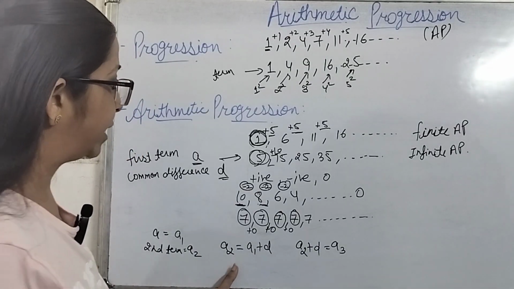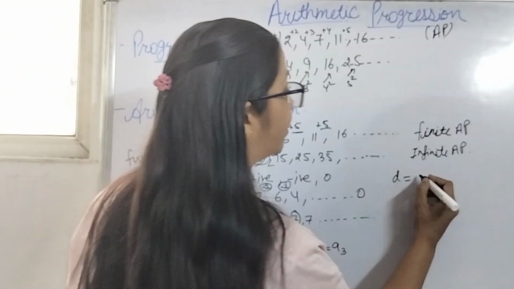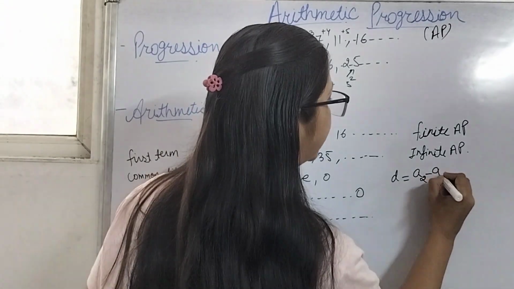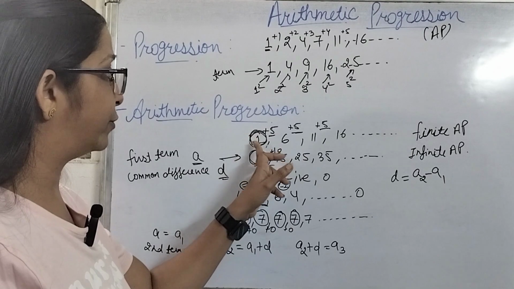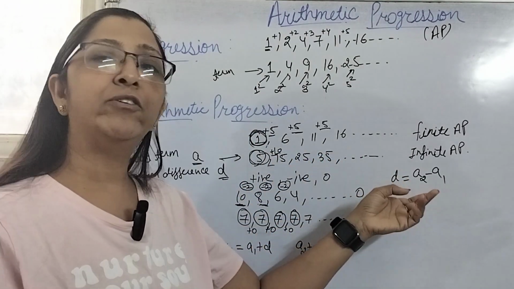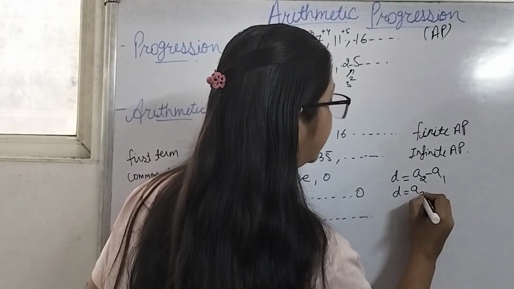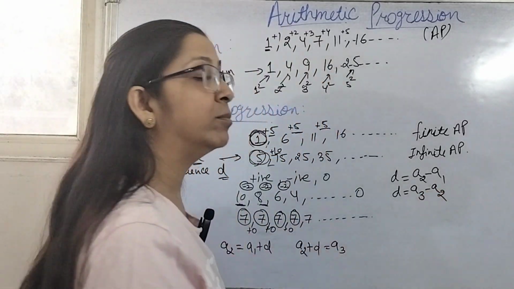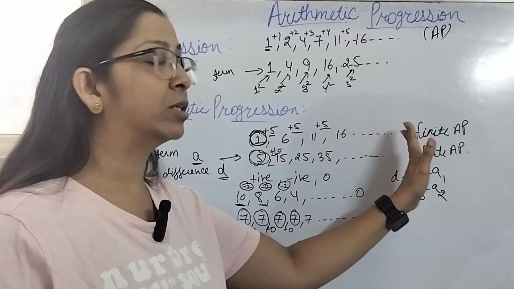That simply means we can get the common difference by subtracting the previous number from the next number. If we subtract a1, the first term, from the second term, we will get d. Similarly, if we subtract the second term from the third term, we will get d, because this d is common throughout the series.